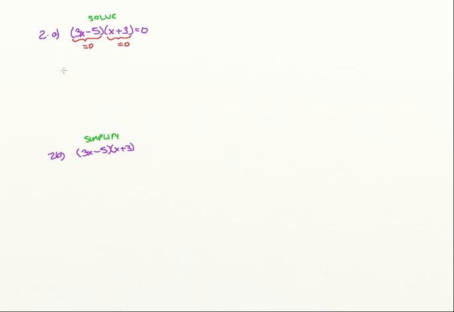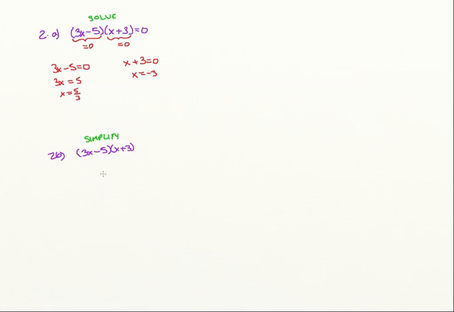Let's find the solution. So 3x minus 5 can equal 0, or x plus 3 can equal 0. So there's two answers for 2a, x equals 5/3 or x equals -3.